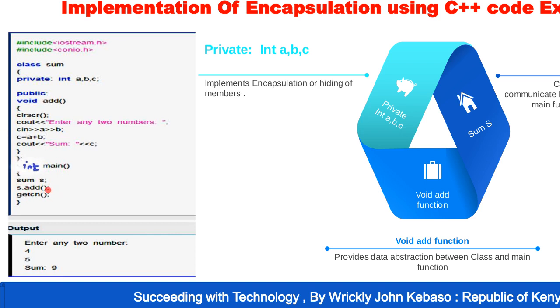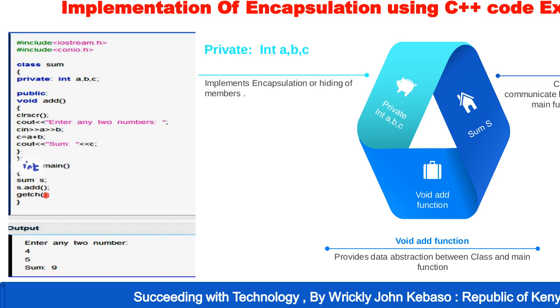This is like, this is a worker and this is actually the supervisor. And then getchar, this is a function that is normally used to display anything that has been computed and is residing in the computer memory, so that it can now be displayed on the computer screen.